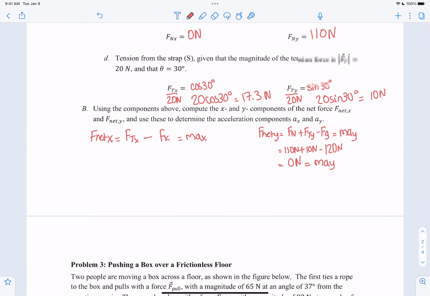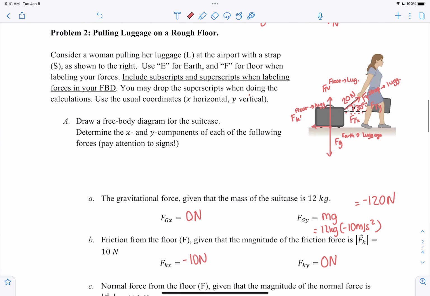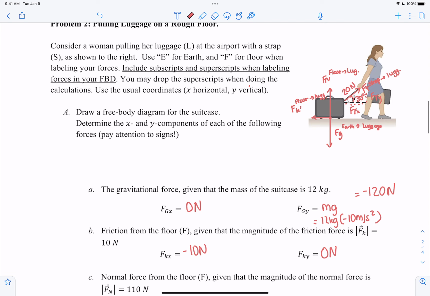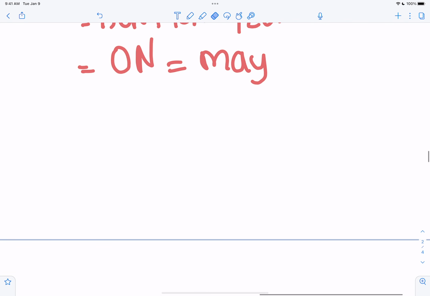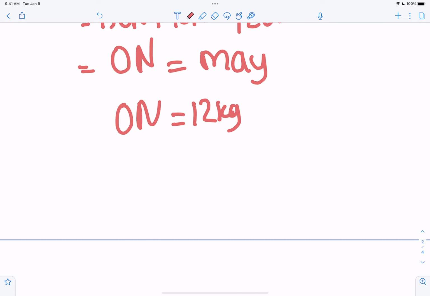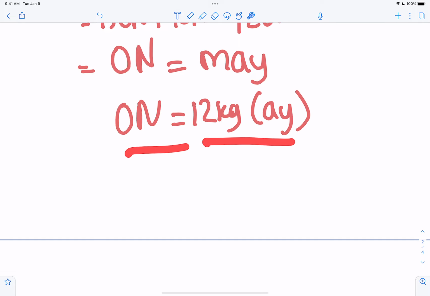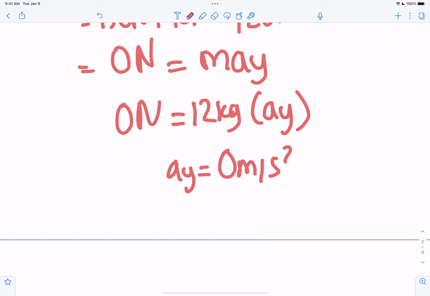What was the mass of the luggage here? They said it was 12 kilograms. So, obviously, you don't really have to continue, because if this is 0 newtons, then the acceleration in the y direction would automatically be 0, right? If you just solve for this, Ay is 0, right?